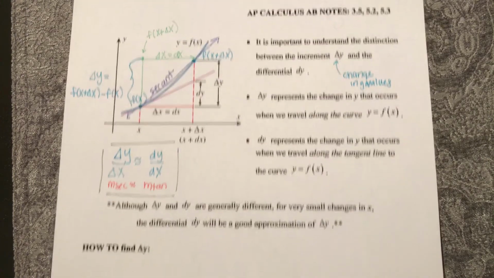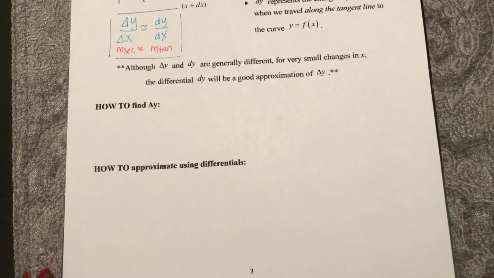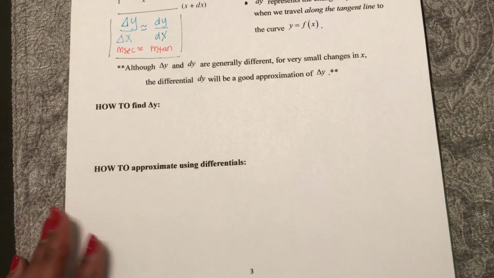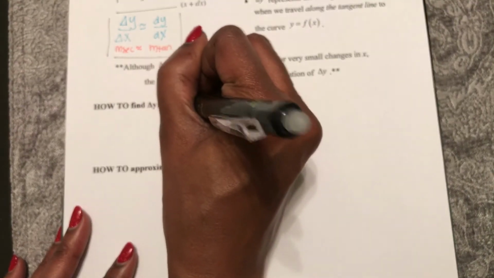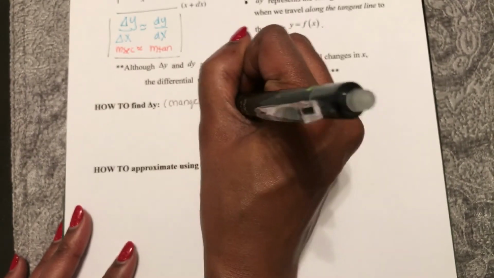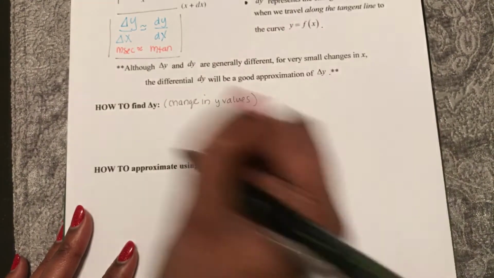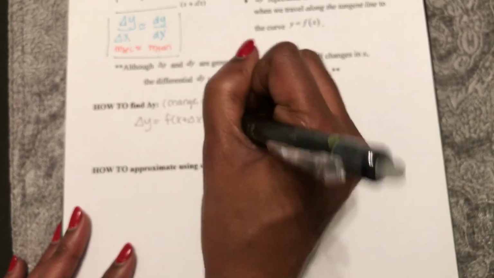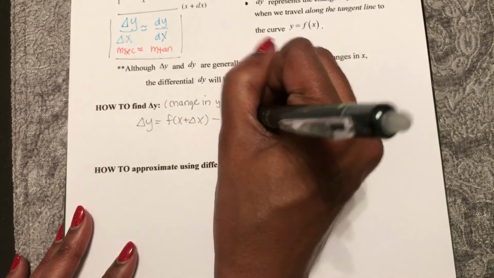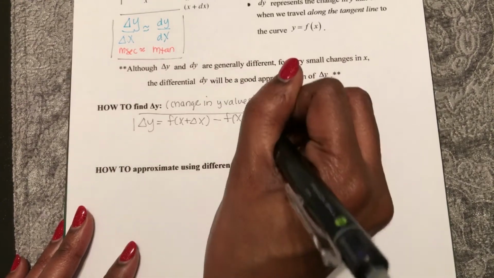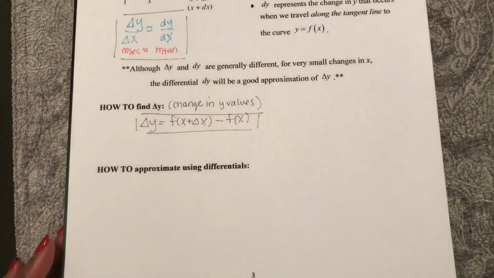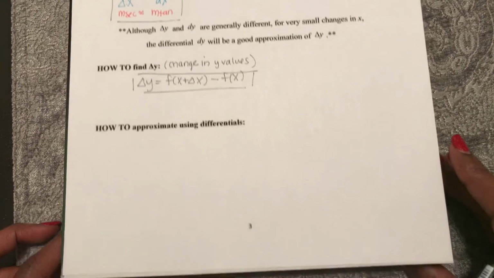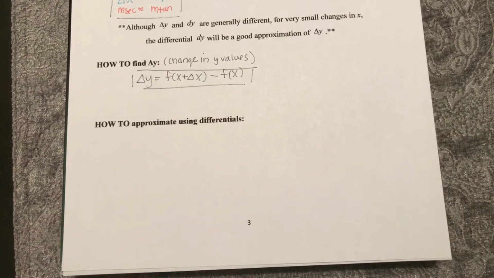So now we have to figure out how to find delta y. Well, we already discussed that up top. Delta y is change in y values. So delta y is f of x plus delta x minus f of x. That's that differential. Now, how to approximate using differentials.